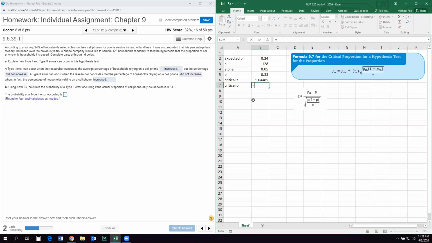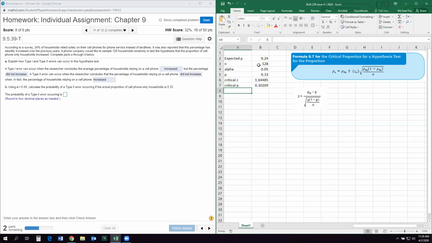So I'm going to say this equals my expected P plus my critical Z times the square root of my numerator, which is my expected P times 1 minus my expected P, and then my denominator, which is N. And that'll give us our critical P.